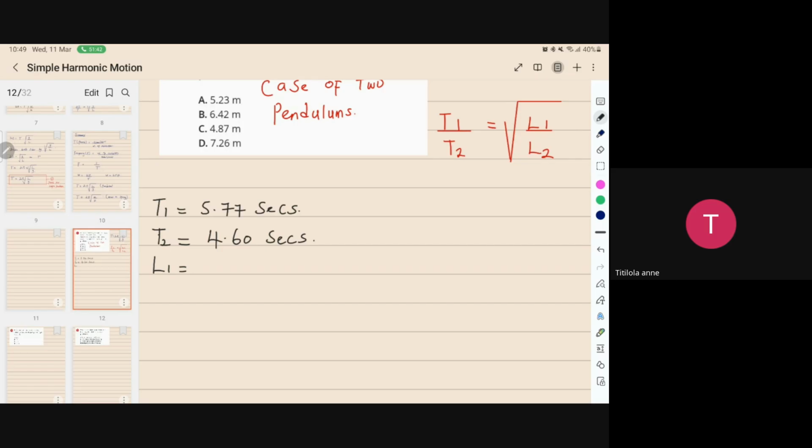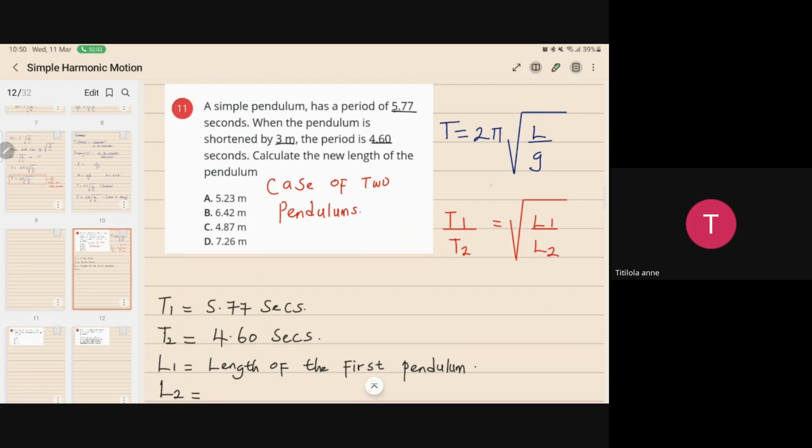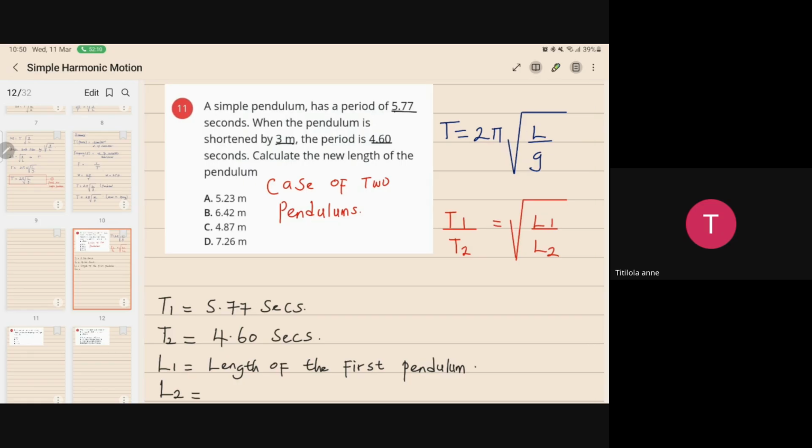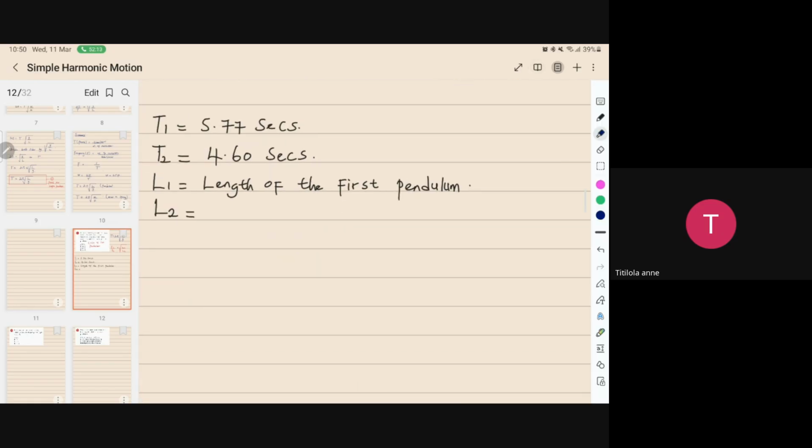L1 equals the length of the first pendulum. Now, my L2 at this point, they said it is shortened by 3 meters. The second one was shortened by 3 meters, but we don't know the length of the first one. So since the second one was shortened by 3 meters, it simply means that my L2 will be equal to L1 minus 3. If you understand what I just did, give me a thumbs up now.